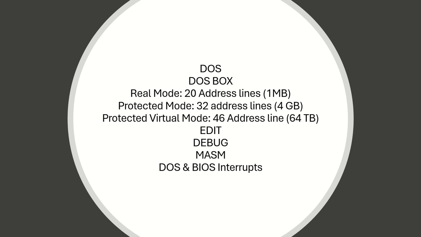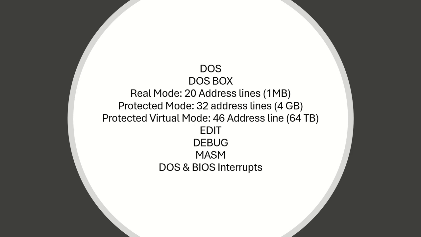Now it is interesting, if you take a case study of 386, 386 has 32 address lines, physical lines, actual 32 pins are there physically. That means 2 to the power of 32, it can address 4 gigabytes of physical memory.